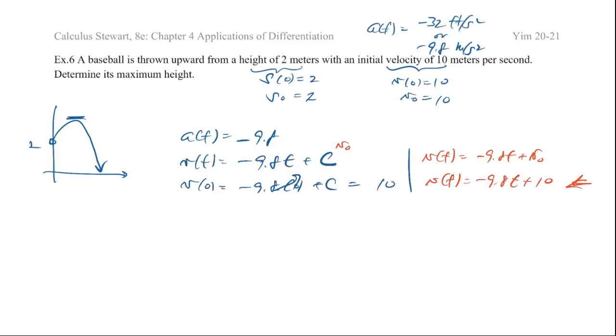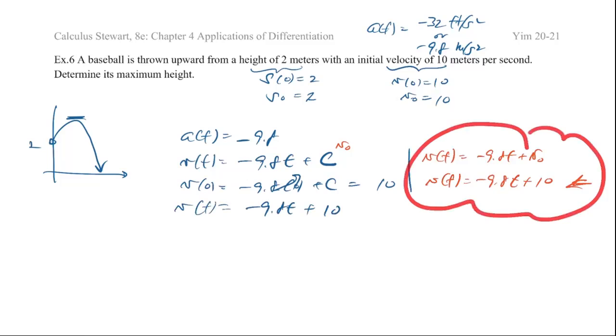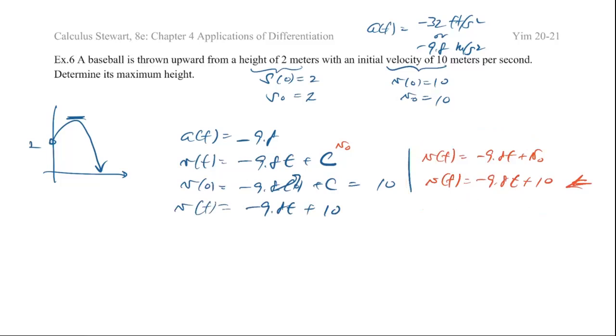Please don't do that. You need to get the habit of developing the equations. So in a regular fashion, v of t should be written as negative 9.8 t plus 10. This right here represents the shortcut that I'm willing to accept.